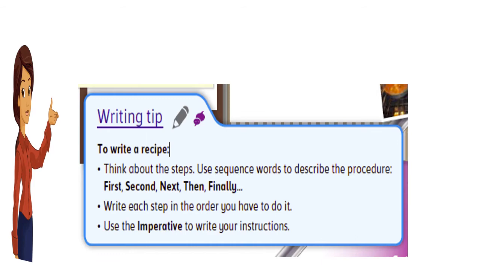Write each step in the order you have to do it. Number 3, use the imperative to write your instructions. So we have to use first, second, next, and put the steps in the correct order and use the imperative to write your instructions.